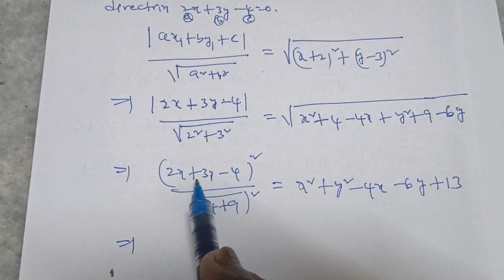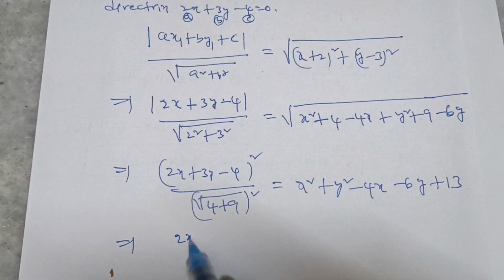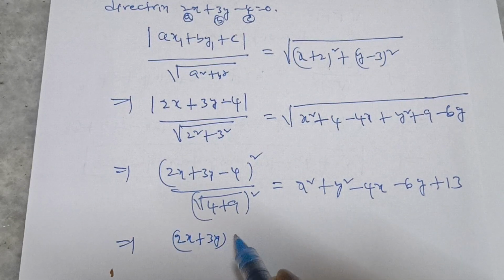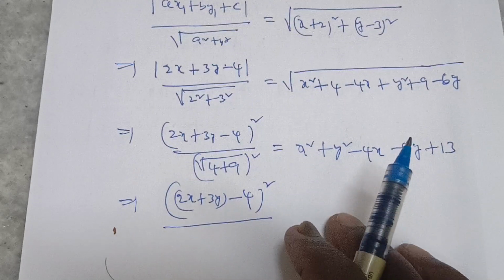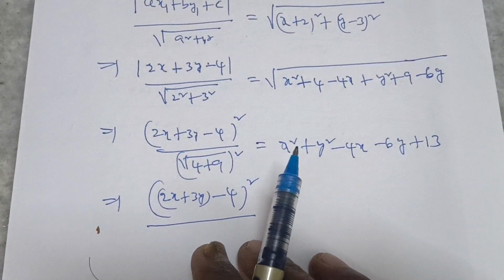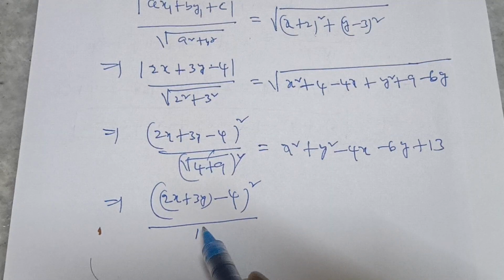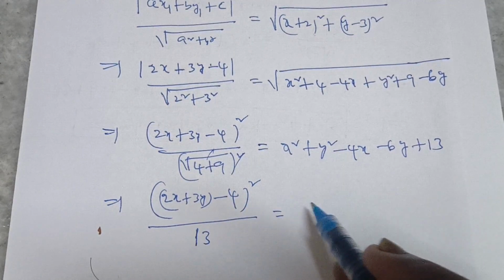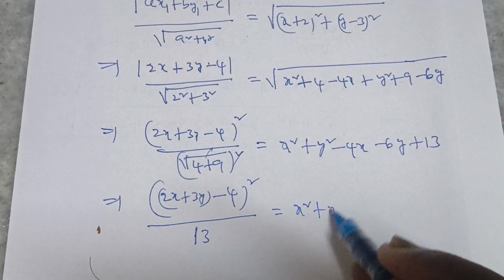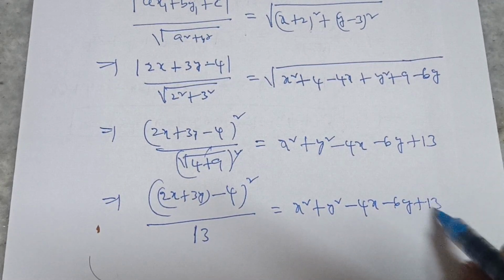Assume this as the (a - b) whole squared formula. (2x + 3y - 4) whole squared by 13, the square root cancels, is equal to x squared plus y squared minus 4x minus 6y plus 13.